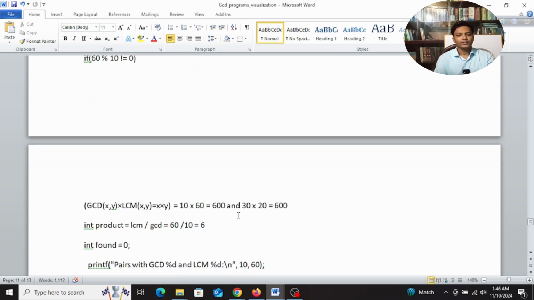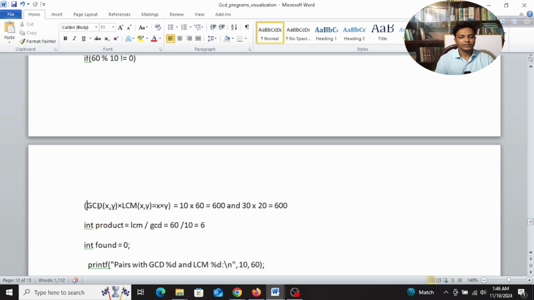If we multiply 10 into 60, it equals 600. And if we multiply 30 into 20, it also gives us 600. So if we multiply both of the numbers, we get 600, and when we multiply GCD and LCM, we get 600 as well.